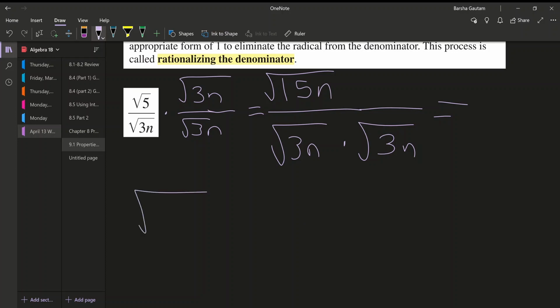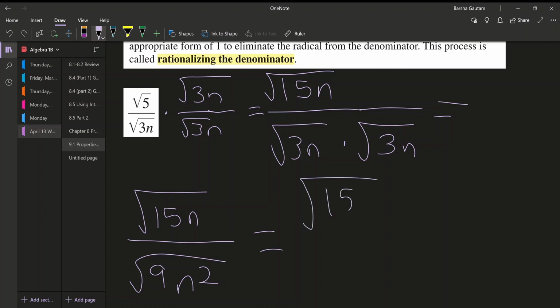So now, we leave the top part by itself for now. And then we're going to multiply this out. 3 times 3 is 9. And then n times n is n squared. 15n cannot be simplified. And then we have 9n squared.